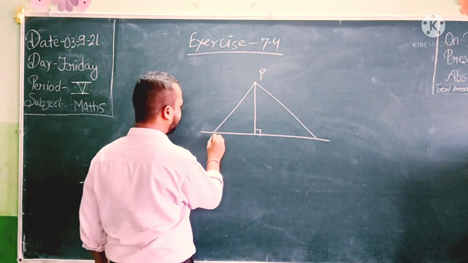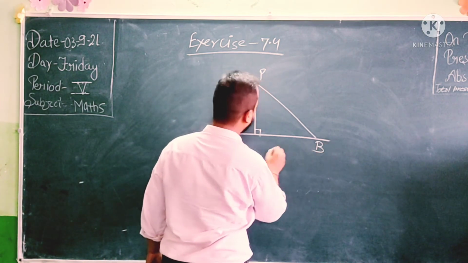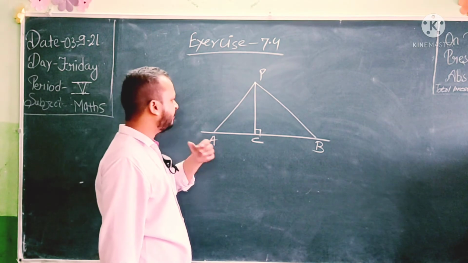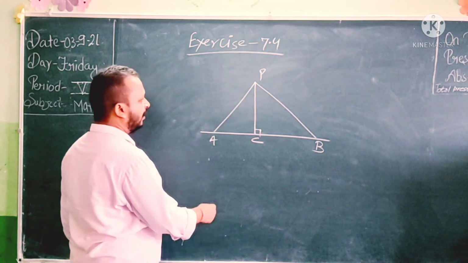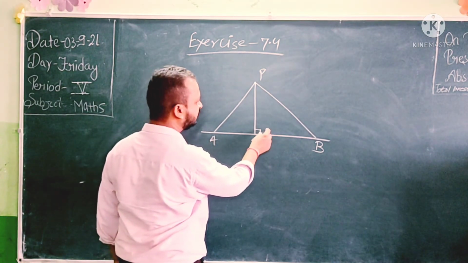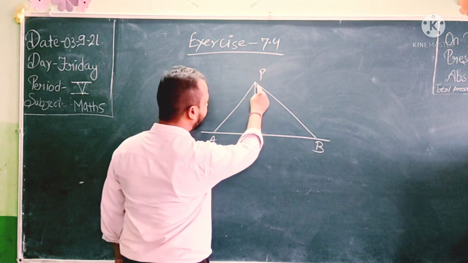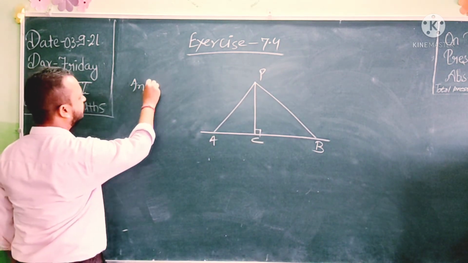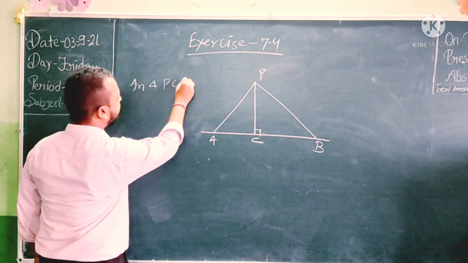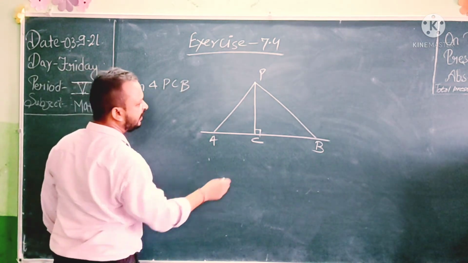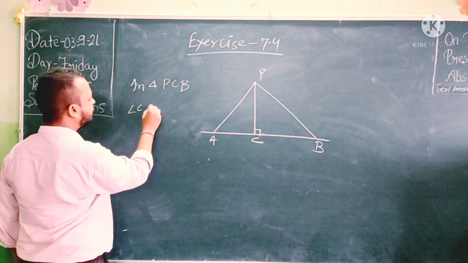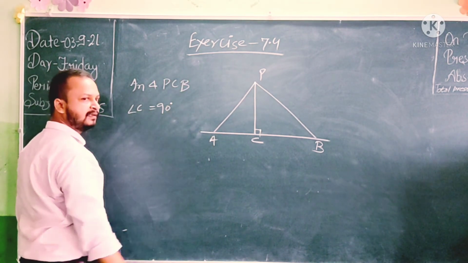So suppose this is A, B and this is C, right? Now what we have to do? If we take triangle PCB, right? Here in PCB angle C is 90 degrees.